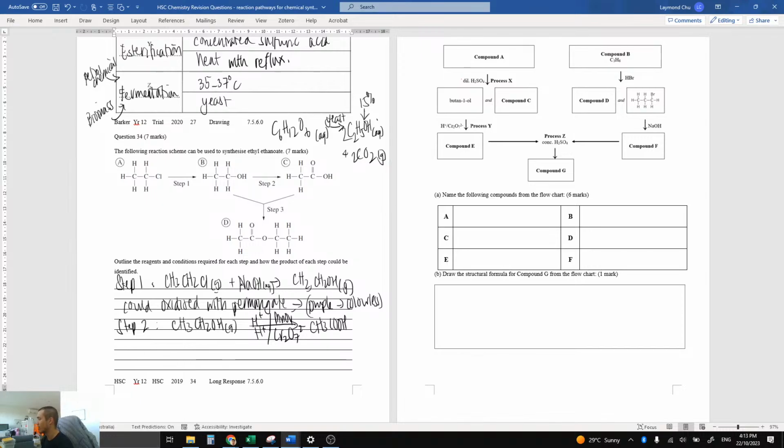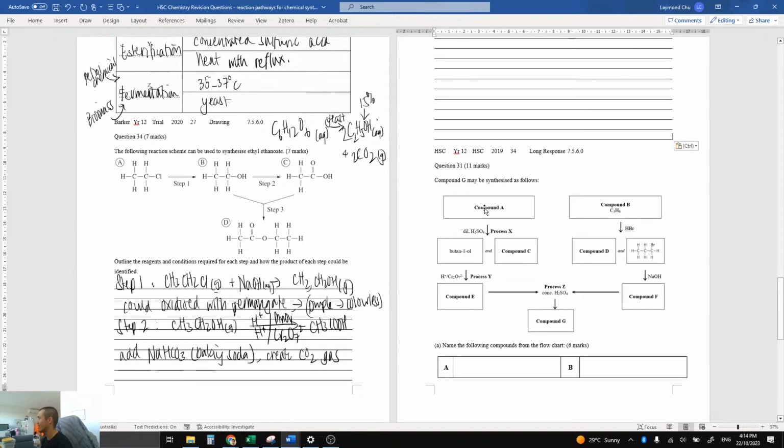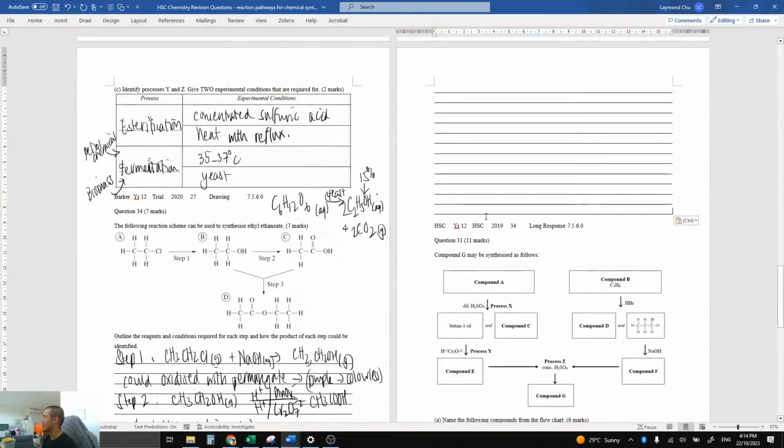How do you identify CH3COOH? Now, carboxylic acid, there's a very general one that you use. You add NaHCO3, which is our baking soda, if you guys don't know this already, and that will create CO2 gas. For my students who hear this from me a lot, I always have this equation.